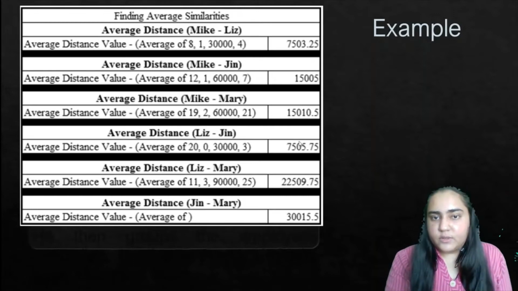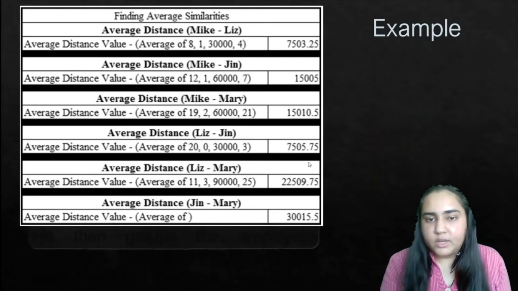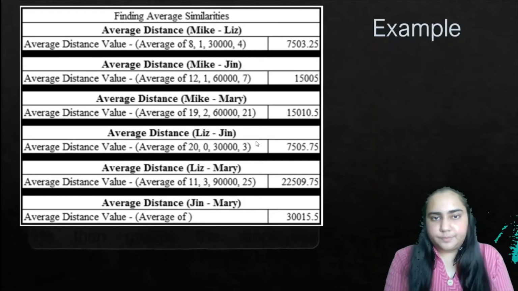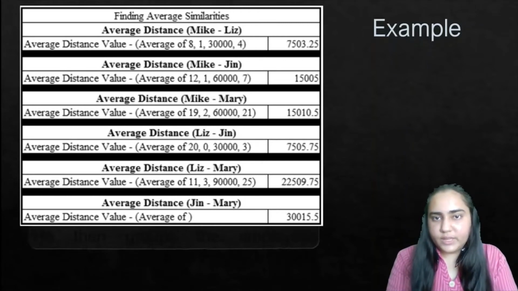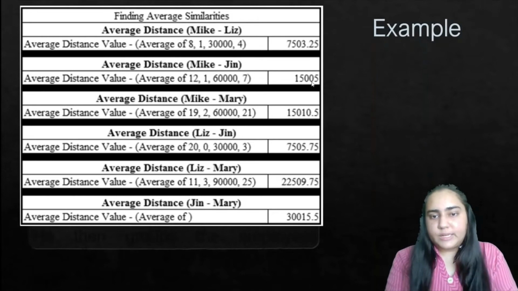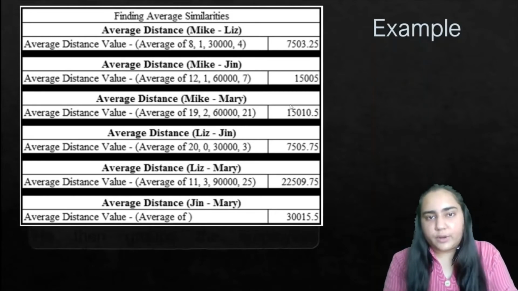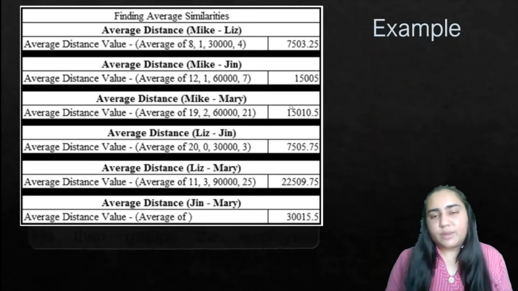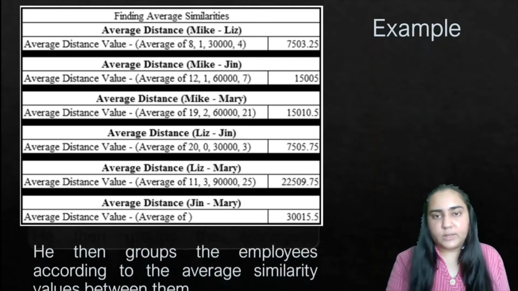This one also is only 4 digits, right? And we can perhaps pick even Mike and Jin to be less, but everything else is higher. Depending on how many clusters you want to form, you will decide it.